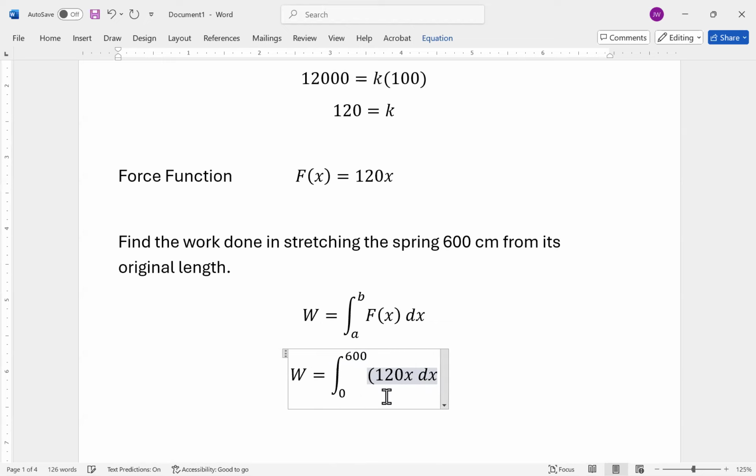We already know that my force function is 120 times the amount of stretch. When I do this and I integrate, I end up with a really, really large number.